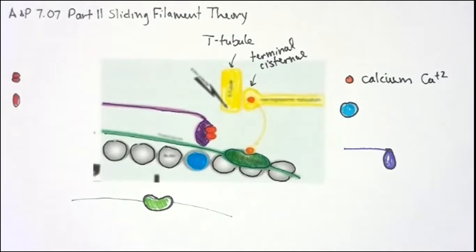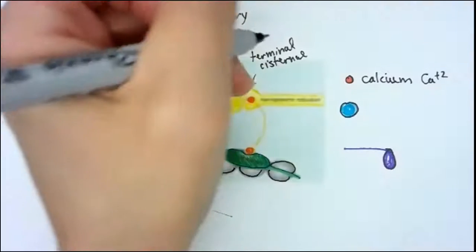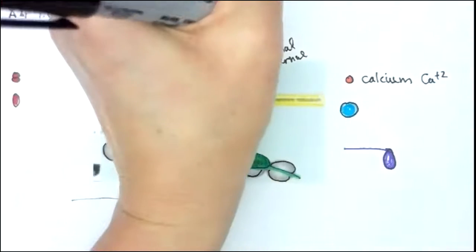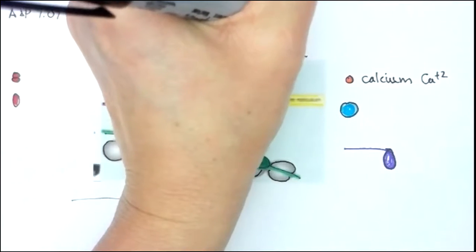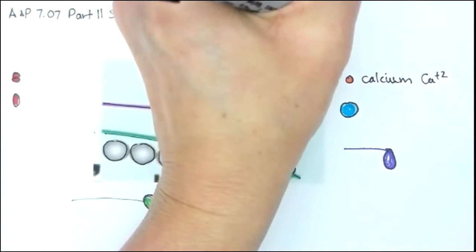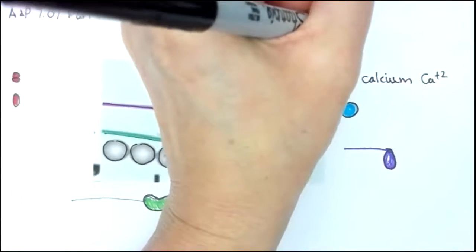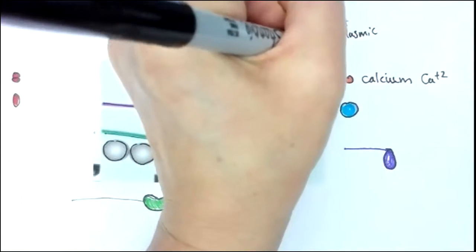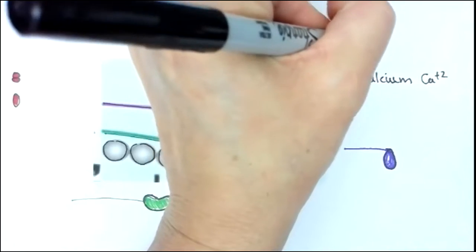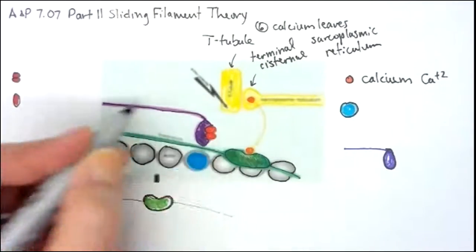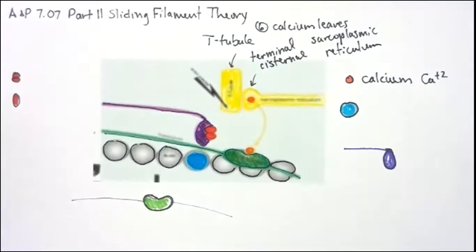So what we're seeing here is step number 6, where calcium leaves the sarcoplasmic reticulum. And then what's happening here is step number 7. So we're going to pick up with step number 7.